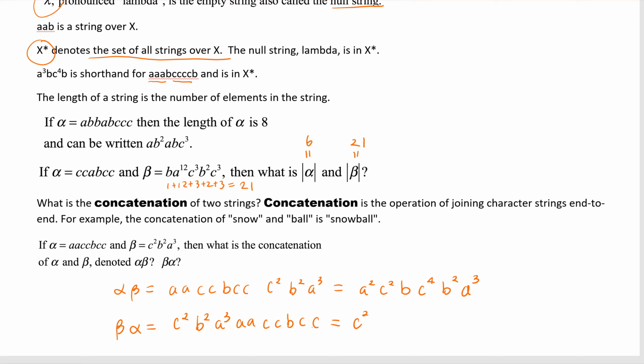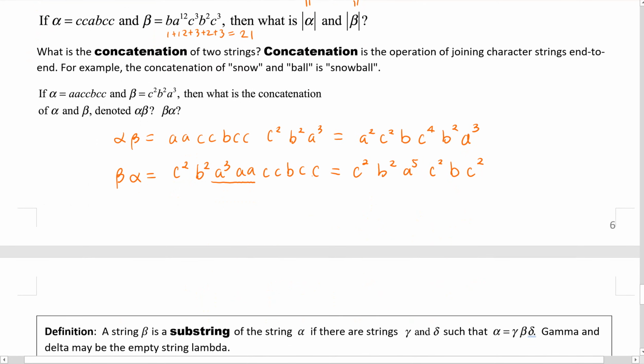So we have C squared, B squared, and A, how many A's? 5 there. So A to the 5th, C squared, and B C squared. So this is the concatenation of two strings.